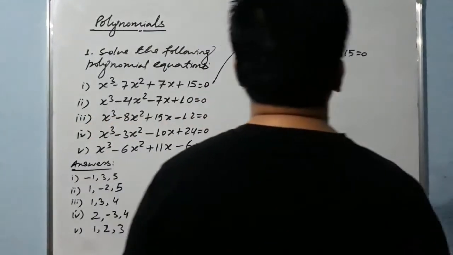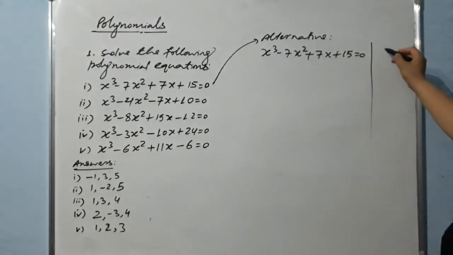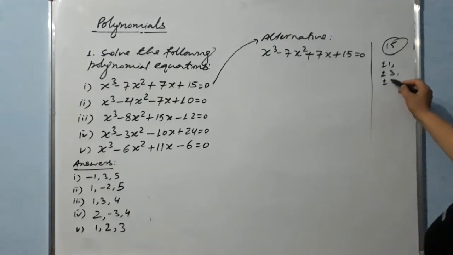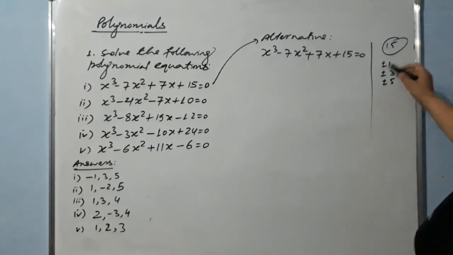Here also you need to find the possible factors of 15: plus minus 1, plus minus 3, plus minus 5. Already we have done that, that's why I'm not writing.